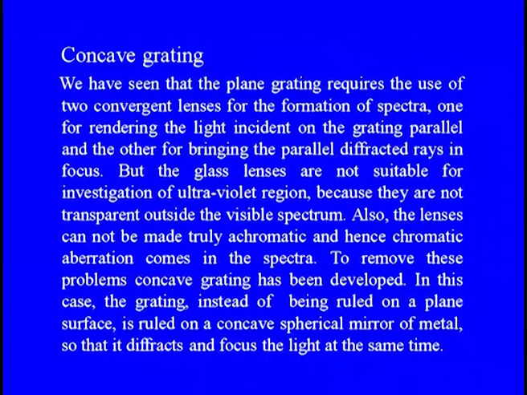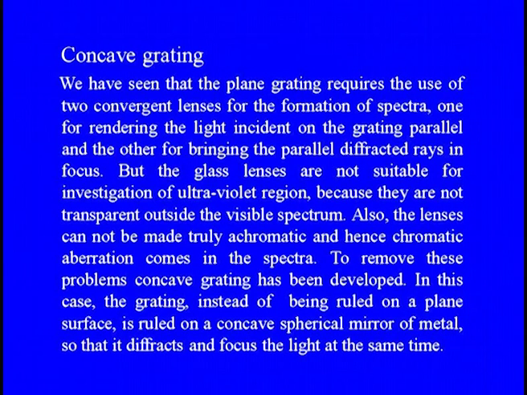Now, we will discuss briefly the concave grating. We have seen that the plane grating requires the use of two convergent lenses for the formation of spectra, one for rendering the light incident on the grating parallel and the other for bringing the parallel diffracted rays into focus.